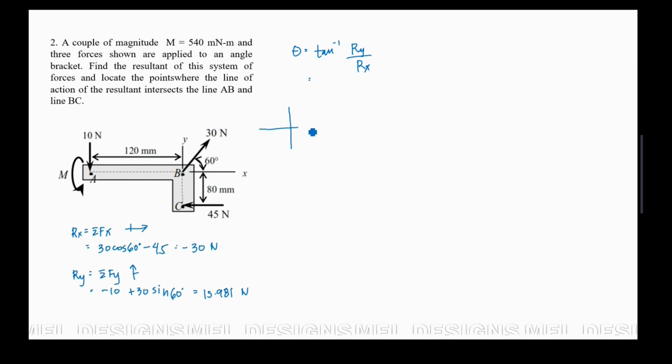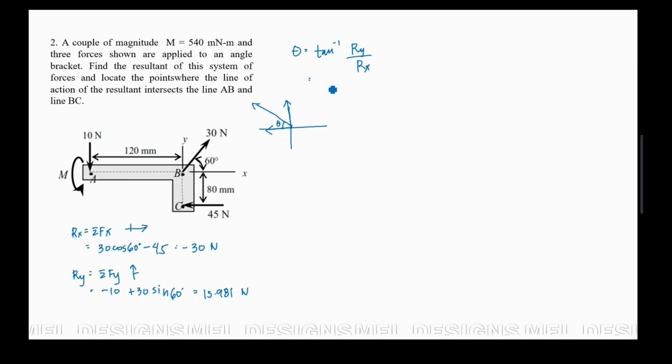Let's say this is our plane. Our Rx is negative 30. So, it goes like this. Then our Ry is upward. Therefore, the direction of our resultant will look like this. Okay? It points upward to the left. So this is the theta we will take now.